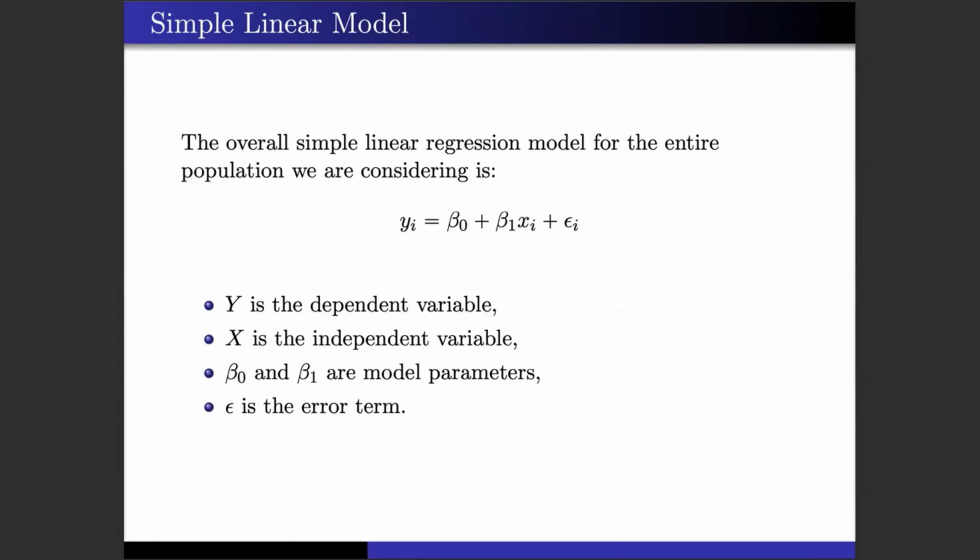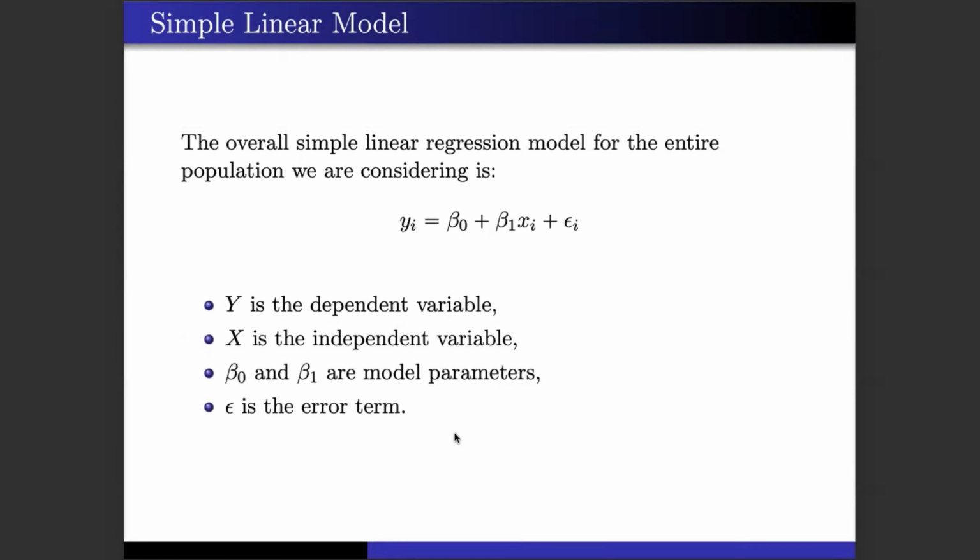Say we have a simple linear model y_i equals beta naught plus beta 1 x_i plus epsilon_i, where y is the dependent variable, x is the independent variable, beta naught and beta 1 are model parameters, and the epsilon term is the error term in the model.